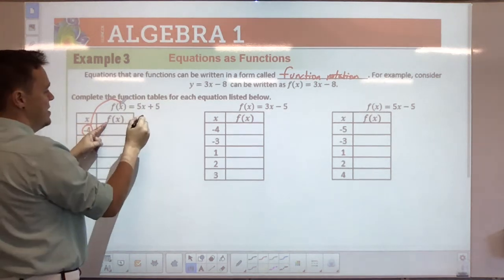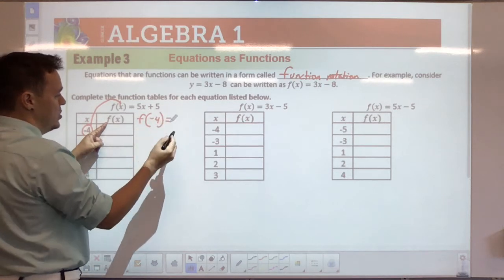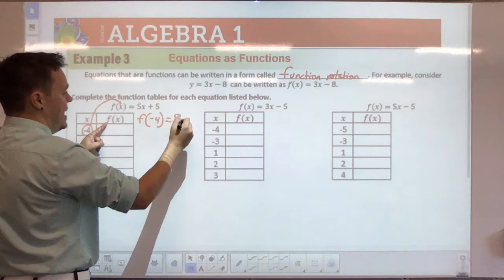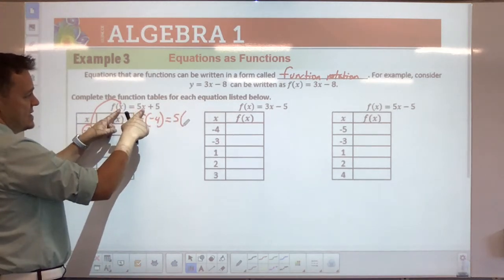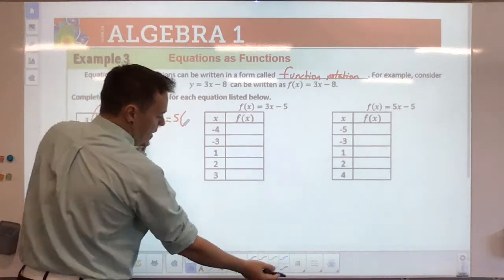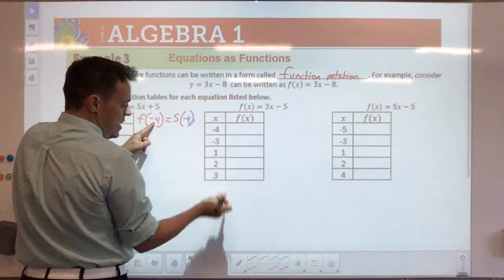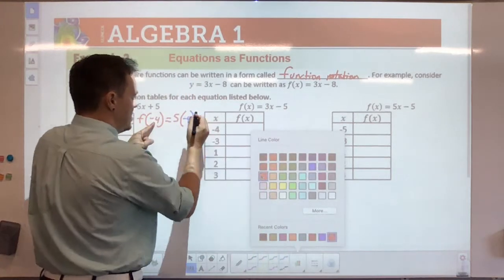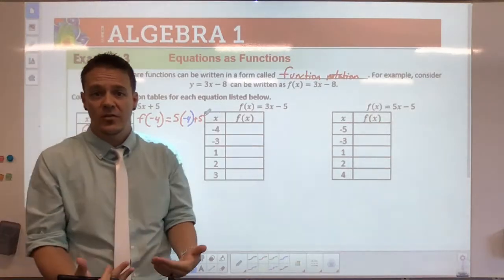So f of -4 equals 5, and then instead of an x, you put in a -4 right here. So this would be -4, and then you would finish it out with plus 5. That's what function notation is, and then you solve it accordingly.